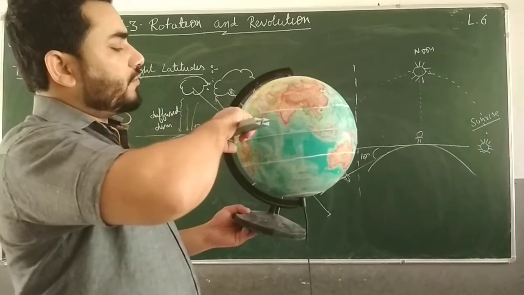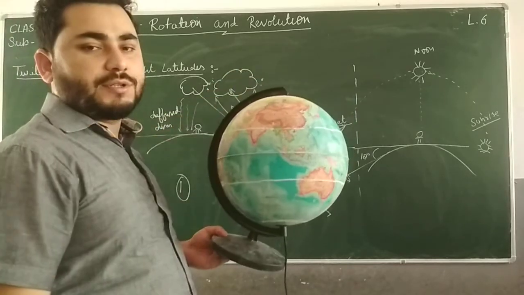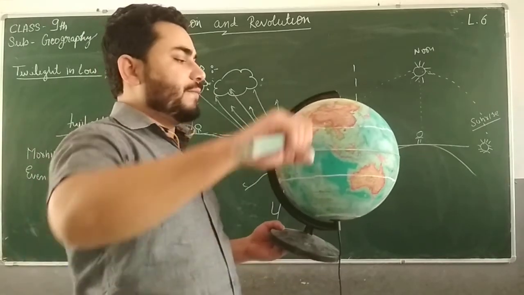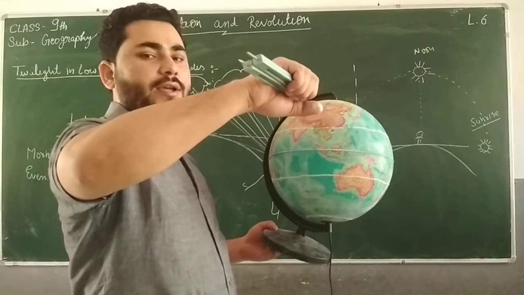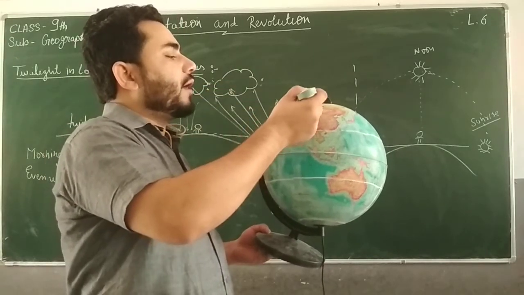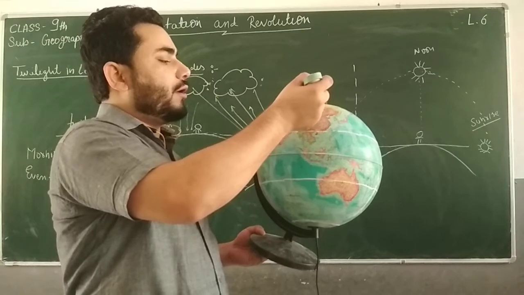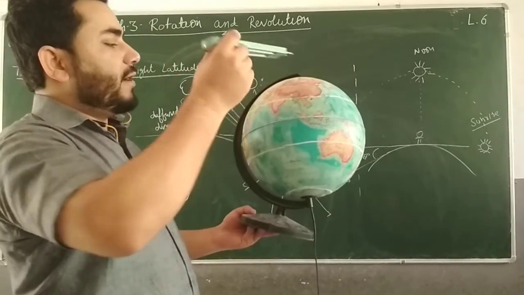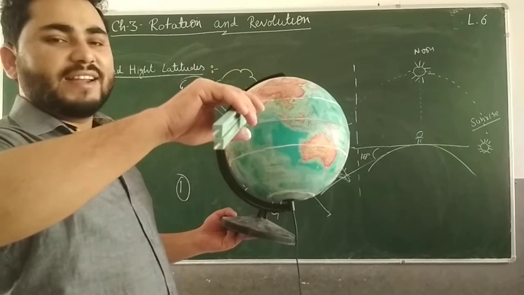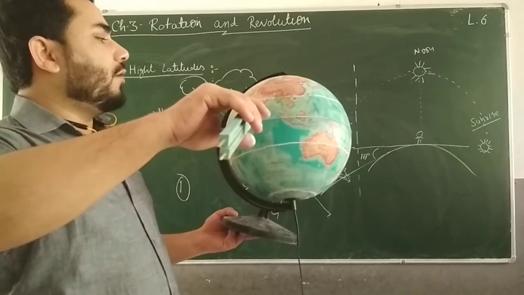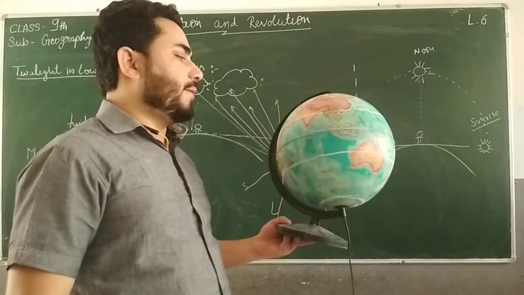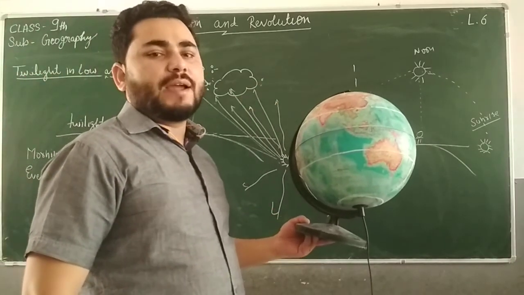Whereas the places on the higher latitudes have a slow speed of rotation. So they rotate slowly, and they are on the curved side of the earth, where the sun rays fall slantingly, making an angle of 40 degree, or 30 degree, or 23 degree, and even sometimes 0 degree.